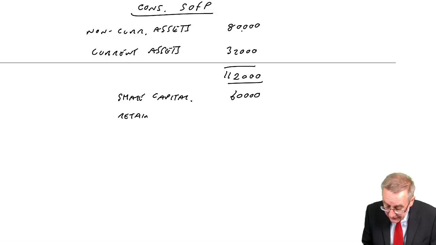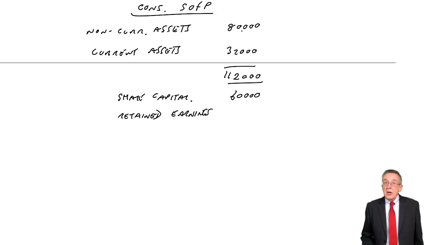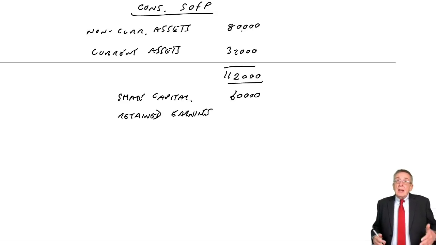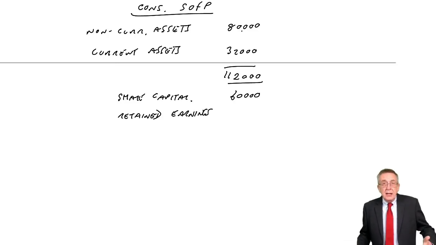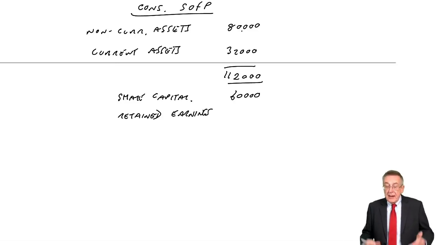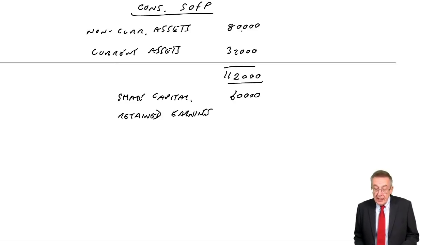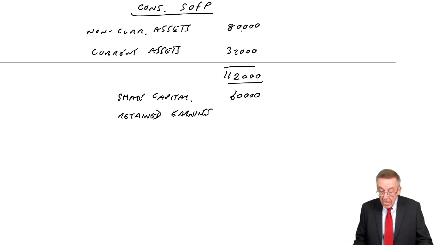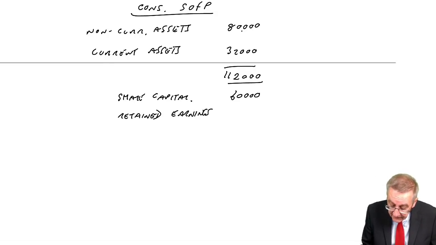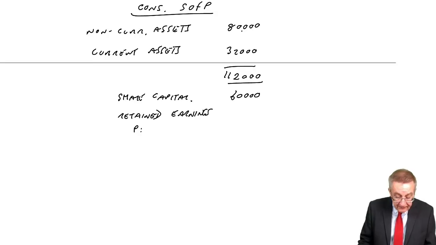Retained earnings. I'll do little workings here because of what retained earnings now belong to the shareholders of P. Obviously, all of P's retained earnings, 38,000.